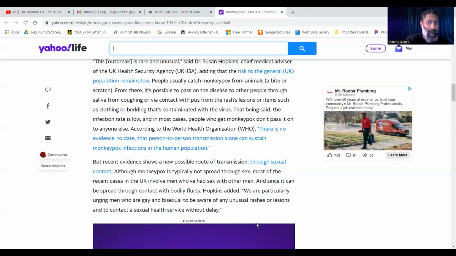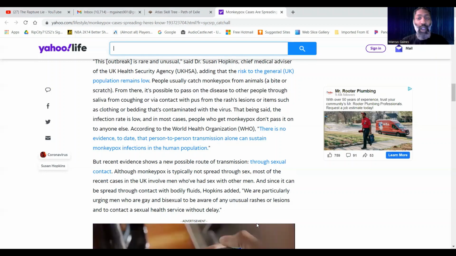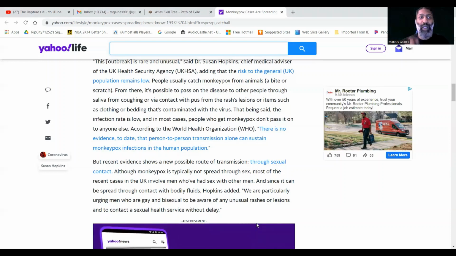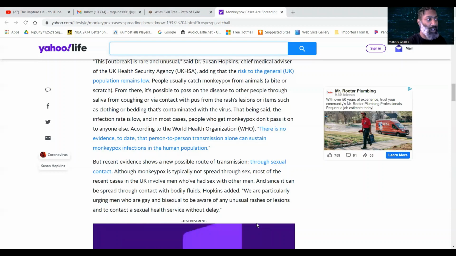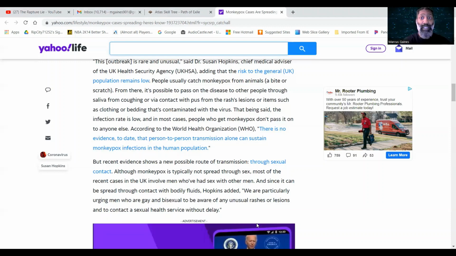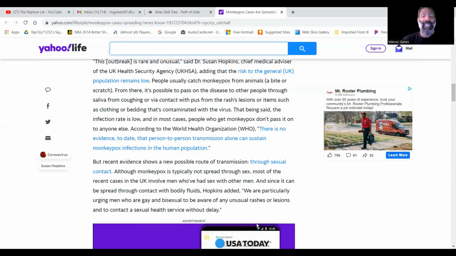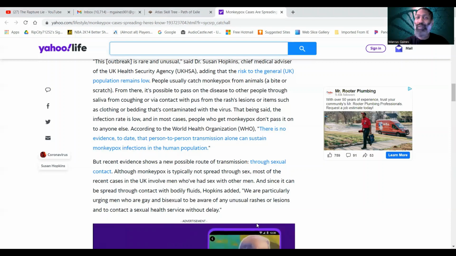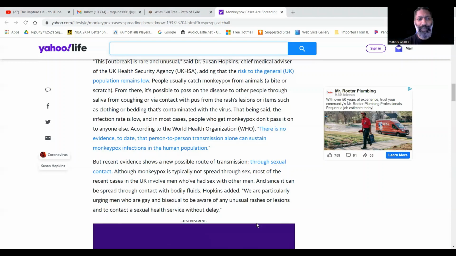That means from person to person through saliva, from coughing, or via contact with pus from the rashes, lesions, or items such as clothing or bedding that's contaminated with the virus. Meaning, if those little pus pockets have burst and you're in the bed and someone else comes and lays in that bed, guess what? You could very well get contaminated.